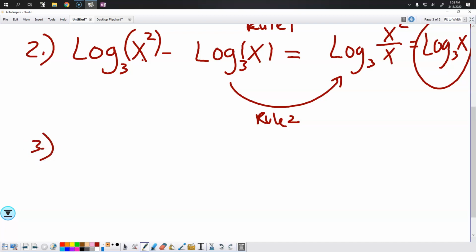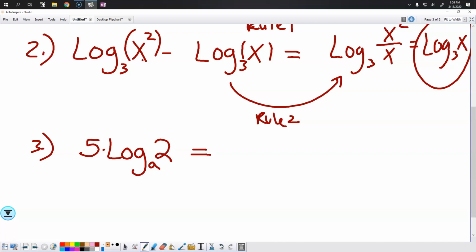Let's see. We have, how about this? 5 log base A of 2. So right now we only have 1 log, but we can use a property here.